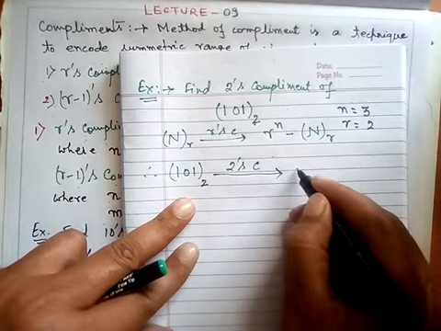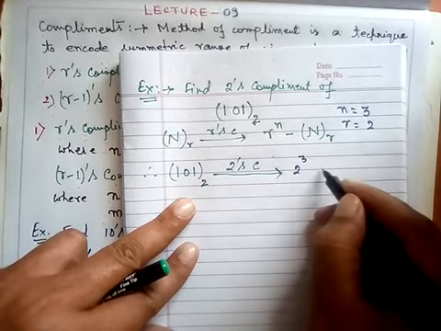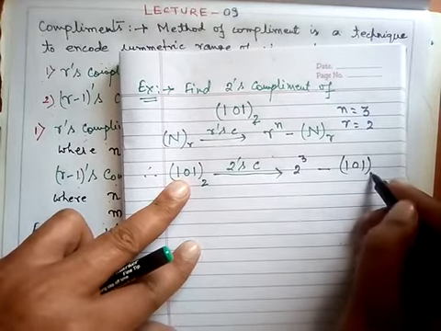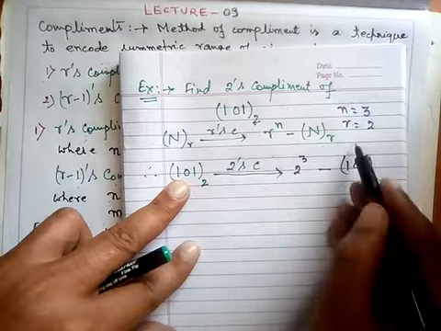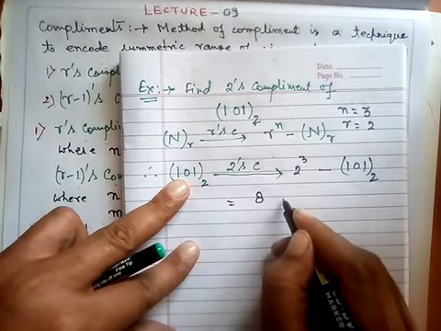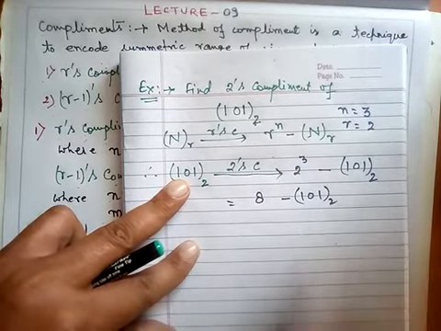So it is 2 to the power 3 minus the number 101 in base 2. Now this I can say is equal to 8 minus 101 in base 2.